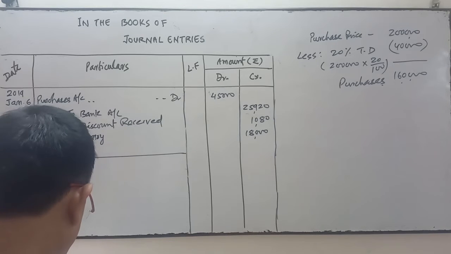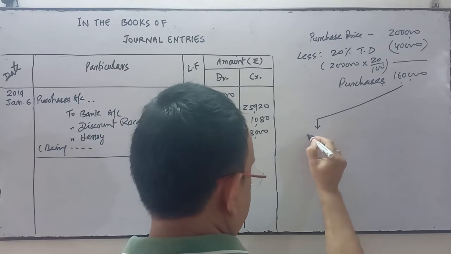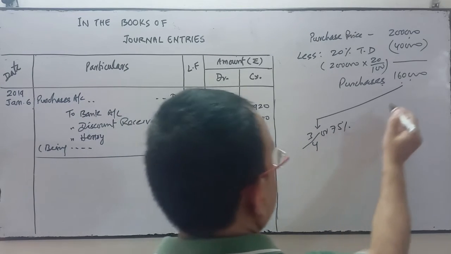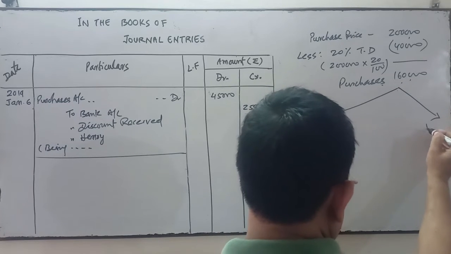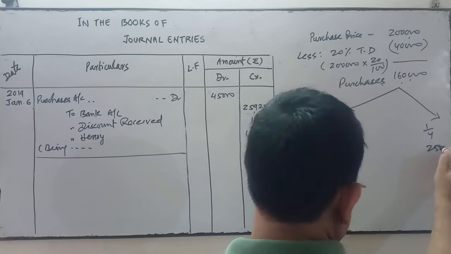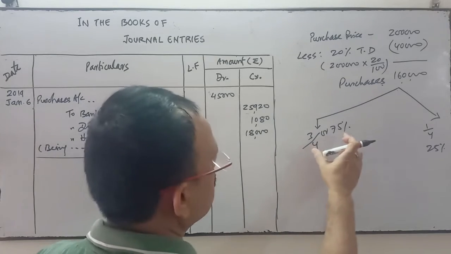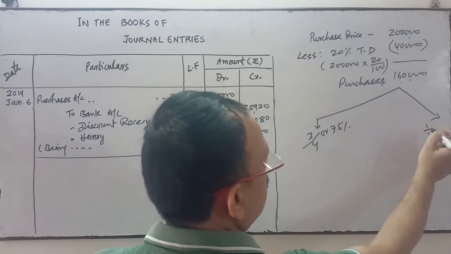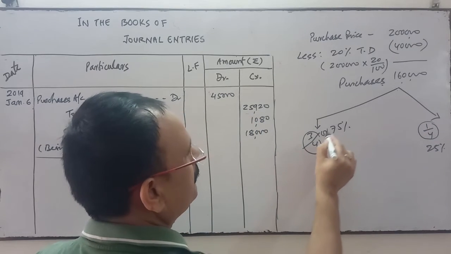And 3/4 payment made in cash. 3/4 payment. 3/4 means 75%. It means remaining 1/4 means 25% is credit. So 75% is for cash, and 1/4 means 25%, 3/4 means 75%.